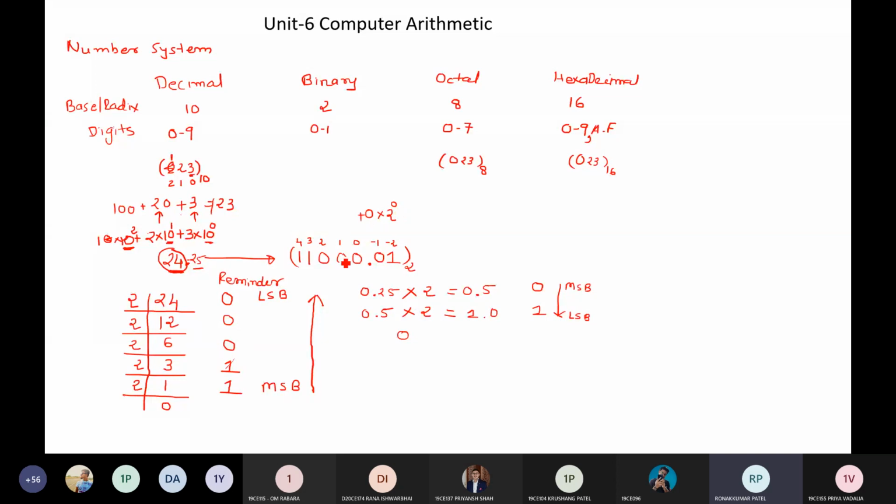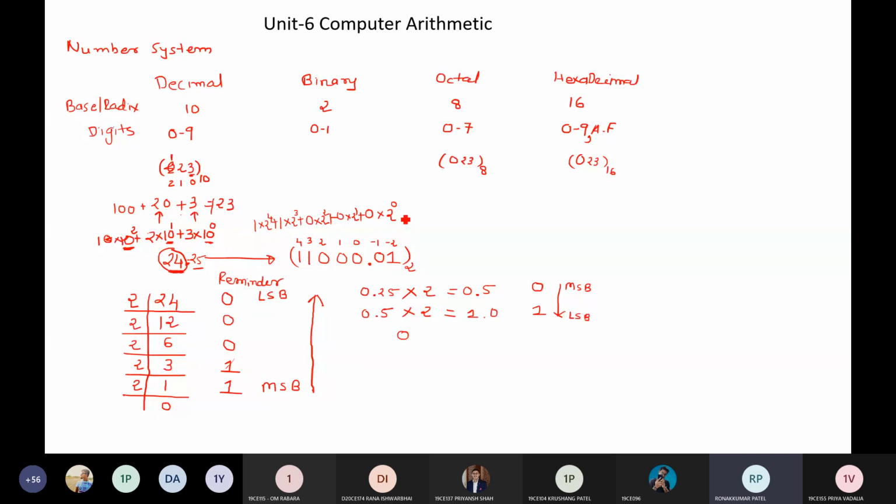Plus take that digit 0, multiply by 2 raised to position 1, plus take that value 0 multiply by 2 raised to 2, plus take that value 1 multiply by 2 raised to 3, plus take that value 1 multiply by 2 raised to 4.